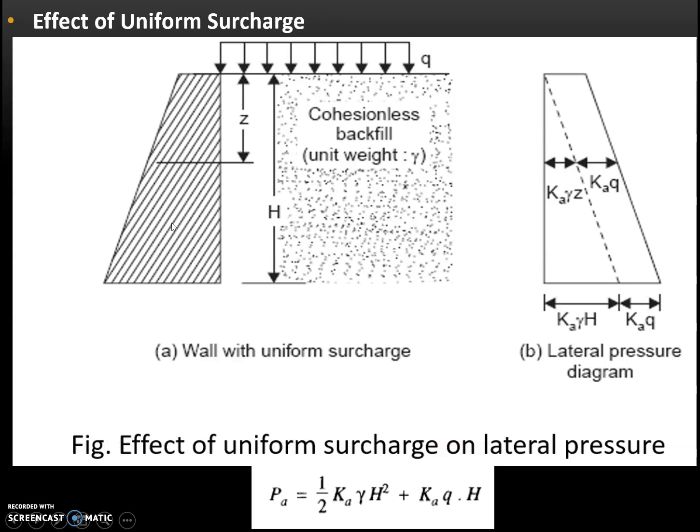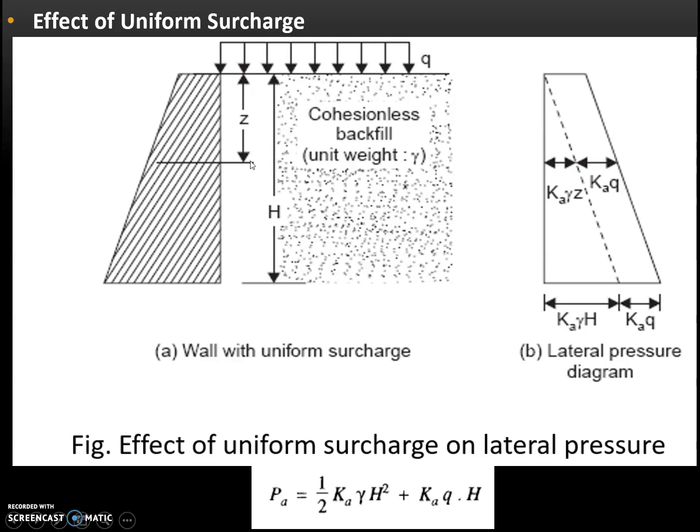Here we can see a retaining wall of depth h, and it is supporting a cohesionless soil of unit weight gamma. Q is the surcharge which is acting above the backfill. To find the lateral pressure, we need to draw the pressure variation diagram. The first one drawn is due to the cohesionless backfill, that is a triangle, and the second one is due to surcharge.